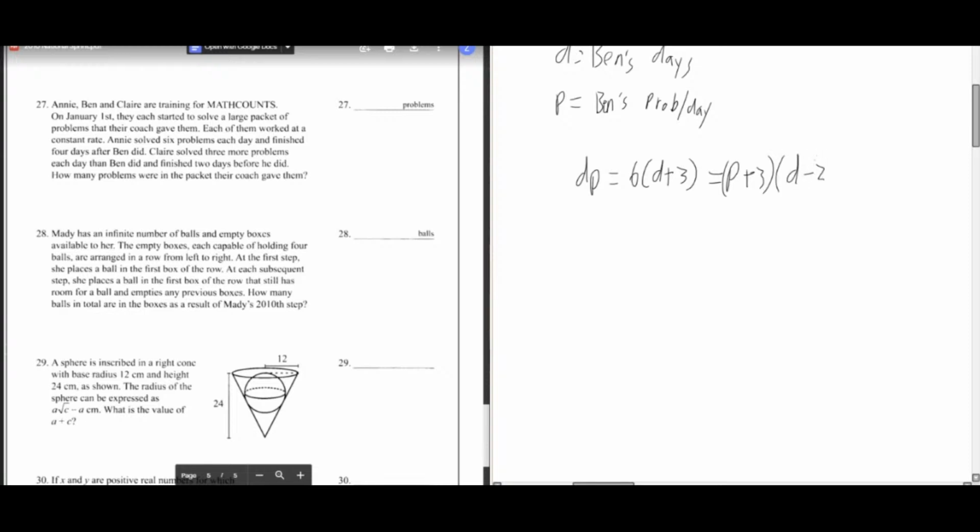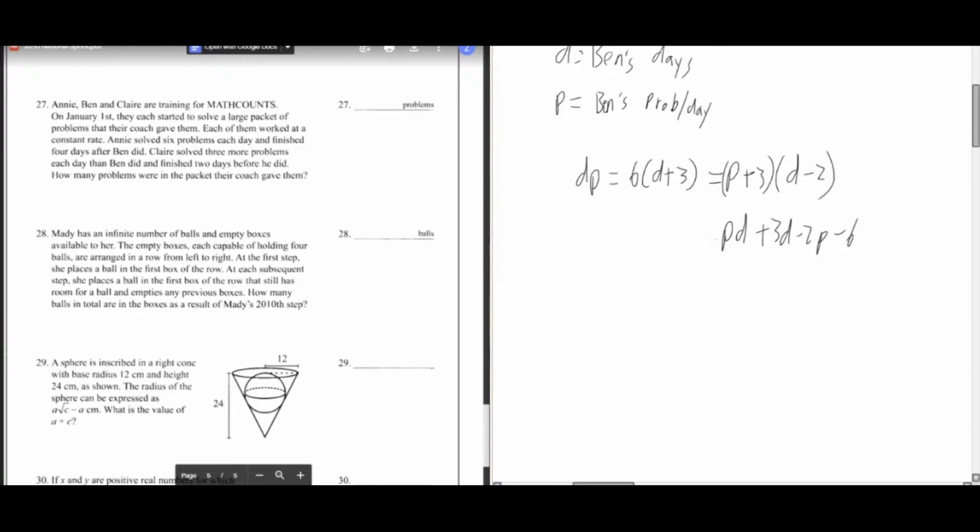Take any two of these and you can make a system of equations. We can expand this: it expands to pd plus 3d minus 2p minus 6.